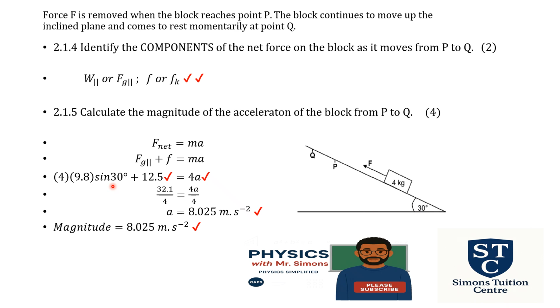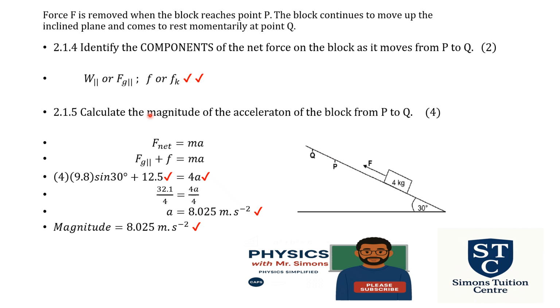So 4 times 9,8 times sine 30 plus 12,5 equals my mass, which is 4a. That totals 32,1 divided by 4 gives me 8,025 meters per second squared. So my magnitude here equals 8,025 meters per second squared of acceleration from P to Q.